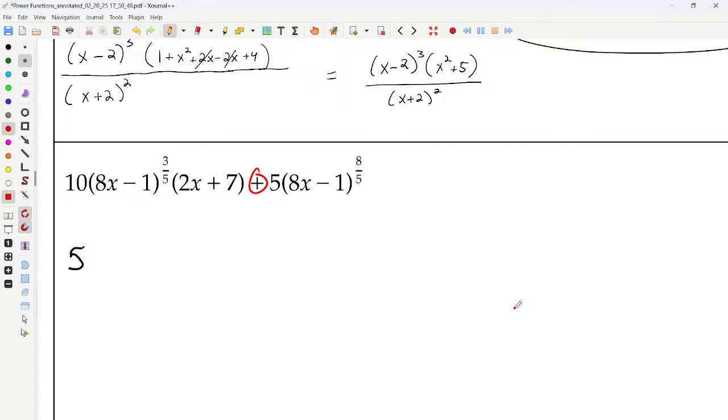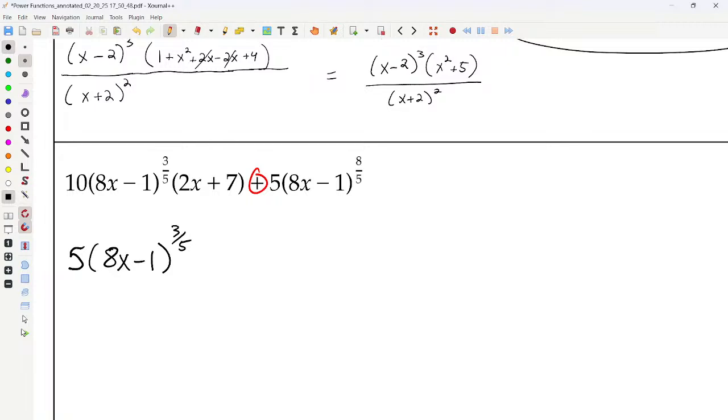You take out the smaller exponent, and you should know 3/5 is smaller than 8/5. We also have a common group of nothing else. So there is our common factor, 5 times the group 8x minus 1 raised to the 3/5.